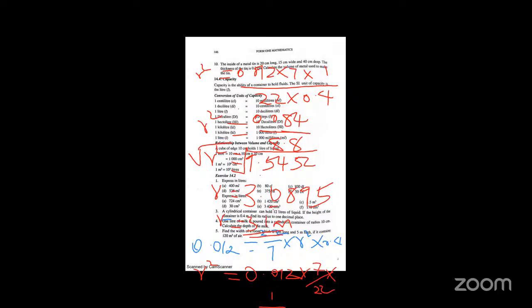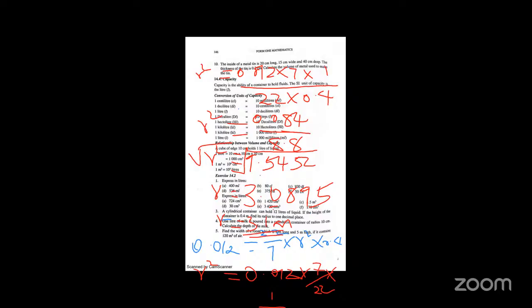So the first thing that you can see in this case is to convert the capacity which you have been given in liters into meters cubic or centimeters cubic. Then from there, you use the formula for finding the volume of a cylinder and substitute the values that you have been given.